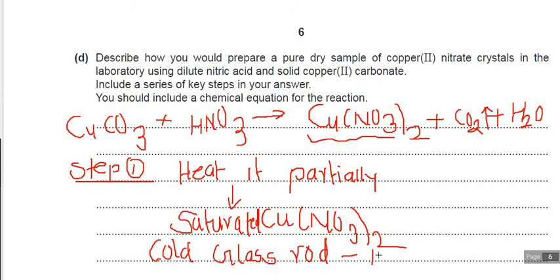If I bring a cold glass rod and dip it into that copper nitrate plus water sample, and crystals form on the cold glass rod, it means that the crystallization point is reached. And one more point you can add, after that you just dry it, and this way we can make copper nitrate crystals.